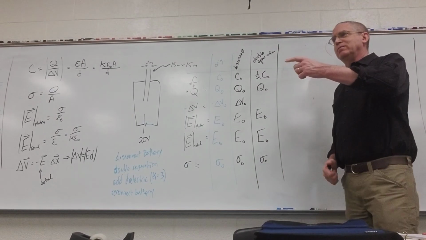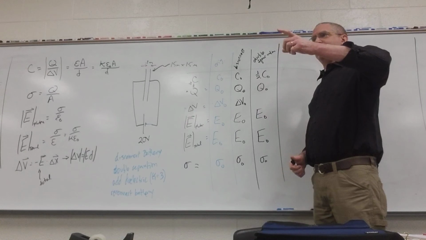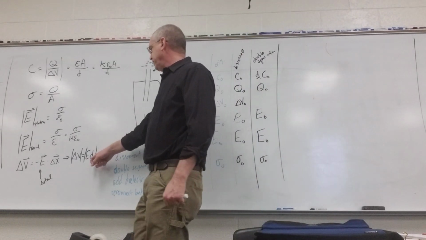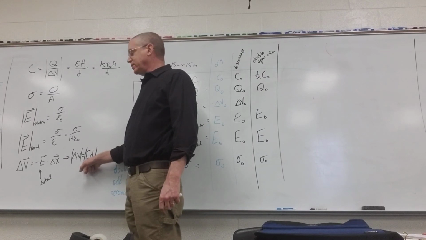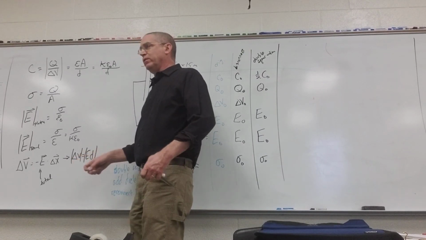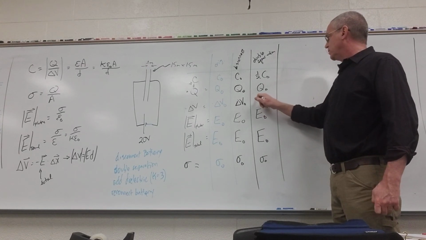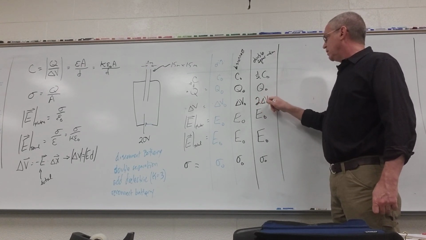That would double. It doubled, yeah, because down here, if my distance doubles, my electric field stays the same, electric field strength stays the same, the magnitude of the voltage doubles. So this is 2 delta V sub 0.